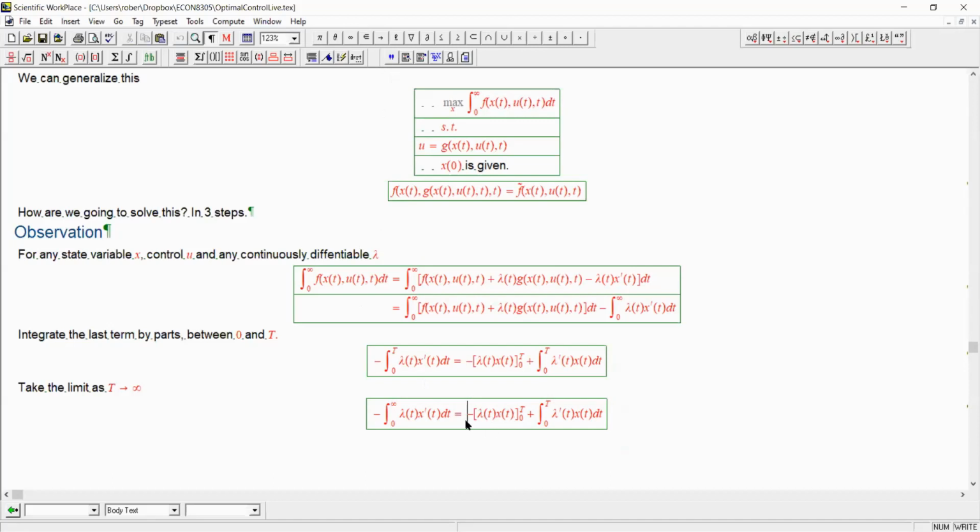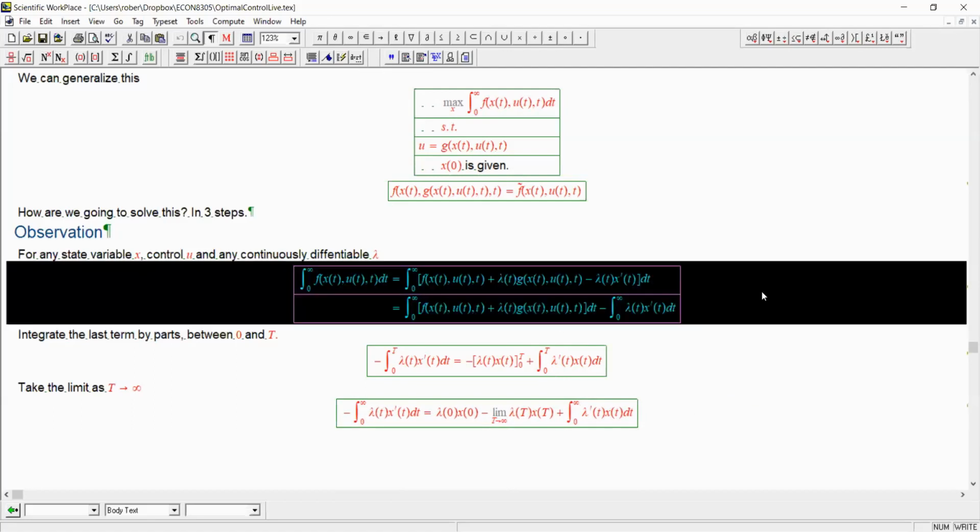This is just that evaluated at 0 minus this evaluated at t. This doesn't depend on t. So here we have the limit as t goes to infinity of this, and then this just goes to infinity.